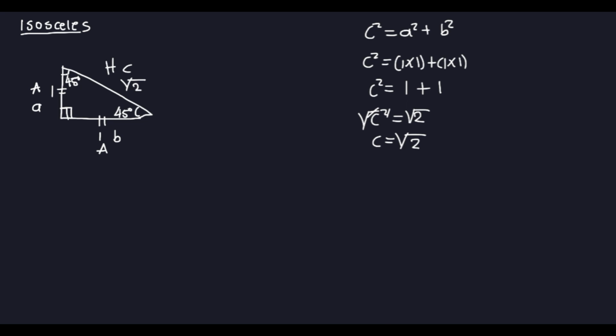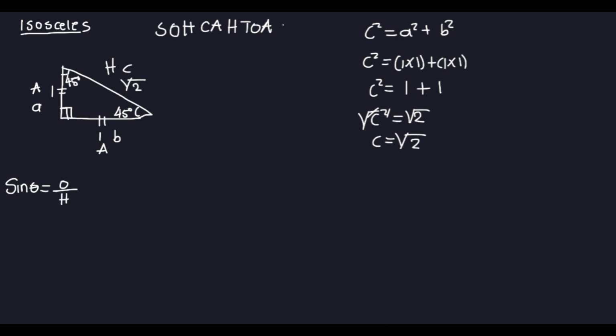Now after we have these three distances, we can go back to the three trig ratios denoted by the mnemonic SOHCAHTOA. First we'll begin with finding the value of the sine. In SOHCAHTOA, sine theta is equal to opposite over hypotenuse.